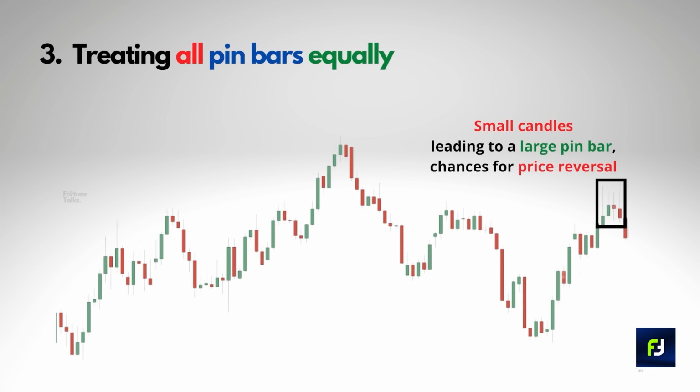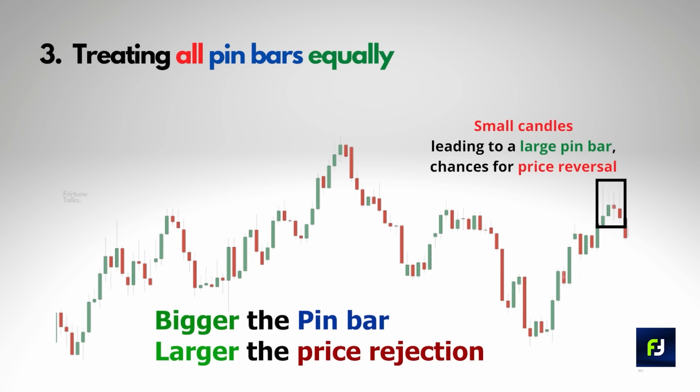So it's clear we should not treat all pin bars the same because they are actually not. And remember, the bigger the pin bar relative to the previous candles, the stronger the price rejection. It is always a good idea to compare the pin bar with the previous candlesticks to understand the price action logic.